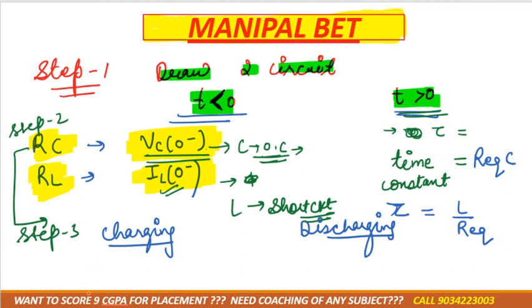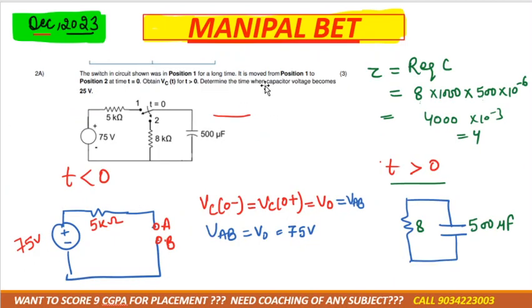If it's charging, voltage equals V times 1 minus e power minus t by tau, and if it's discharging, voltage equals V naught e power minus t by tau.